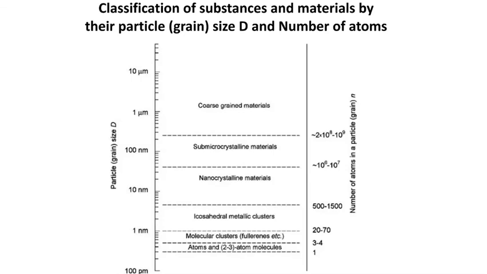If the size of the particle is in the range of 1 nanometer to 10 nanometer, then you can see from several tens, 20 to 70 atoms are available, or at the max 500 to 1500 atoms are available. It depends upon the size of the particle.